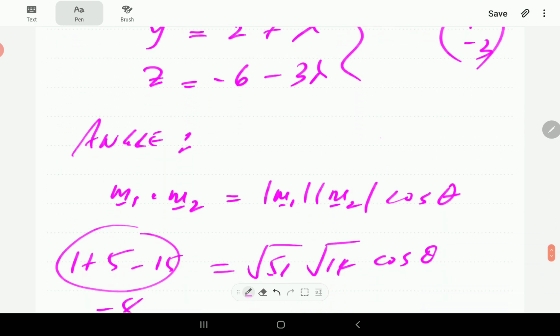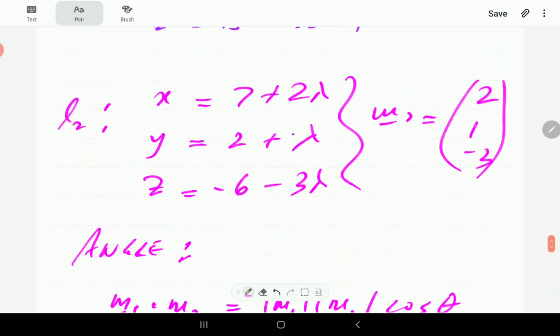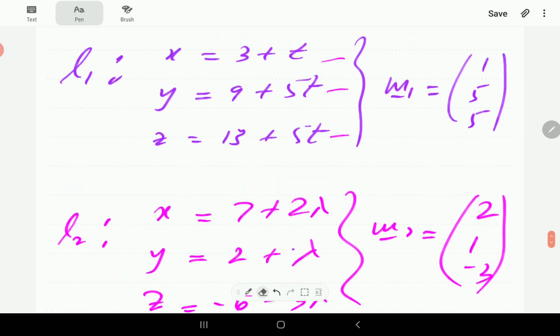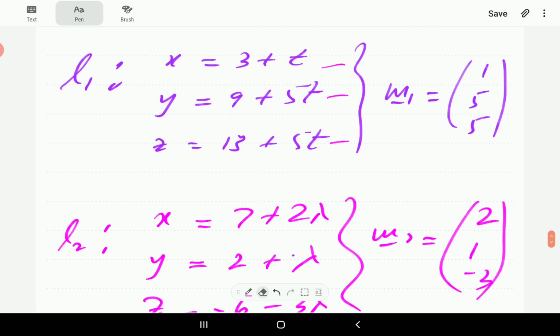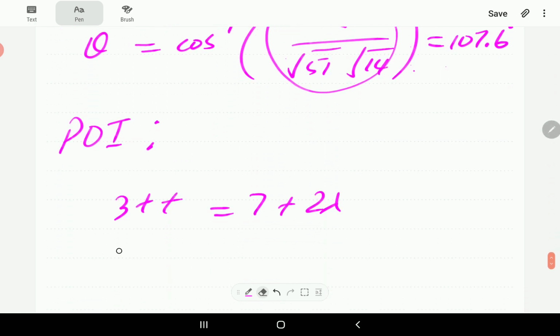So first of all, 3 plus t must be equal to 7 plus 2 lambda. Then 9 plus 5t must be equal to 2 plus lambda.